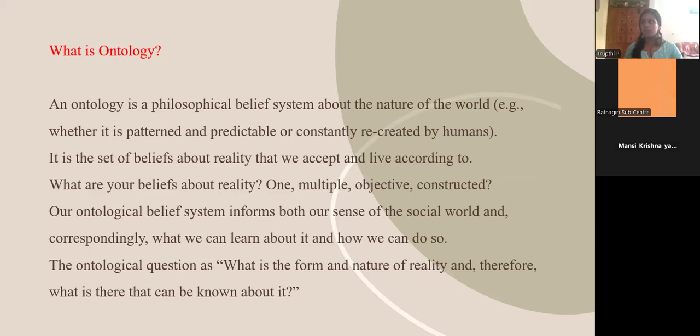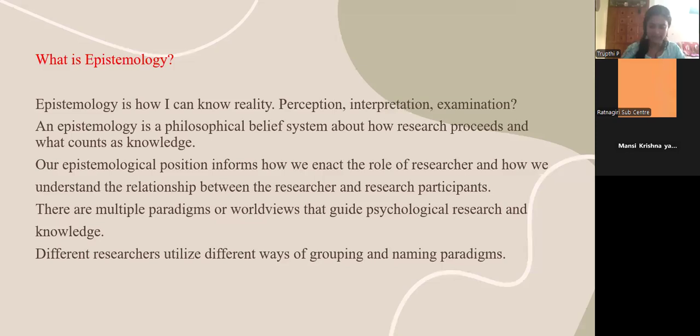Basically, is what I am seeking to know the truth itself, and how does my belief system shape how I view the world outside, how I treat people, or how I think people are treating me? All of these are ontological questions. So I hope I'm able to give you a fair idea of what ontology is.